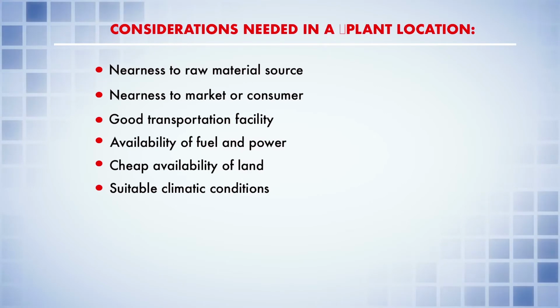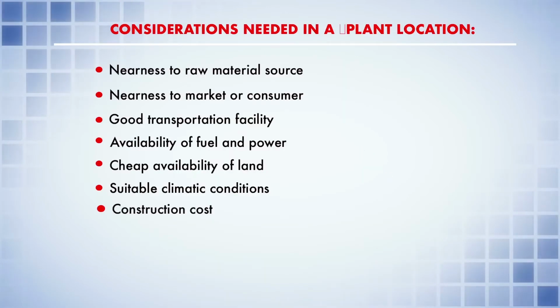Suitable climatic condition. In the case of the textile industry, we need humid conditions. Similarly, in the case of a watch company, we need humid conditions. So, for making a selection, we need to give proper consideration to the climatic condition.